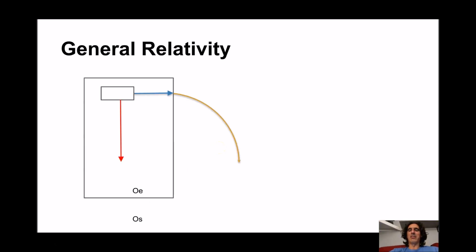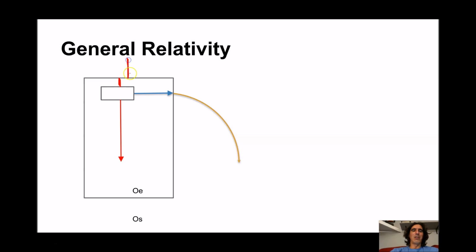Which leads us to Einstein's thought experiments on relativity and how light behaves in gravitational fields. In this scenario, we have an observer inside an elevator, an observer that's stationary outside of the elevator, and we also have a flashlight that's turned on, suspended, we'll say, on the elevator.